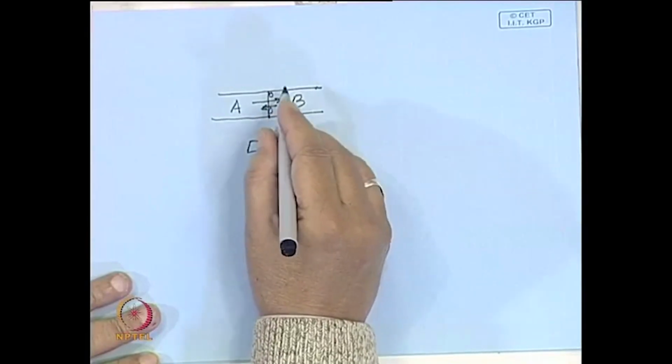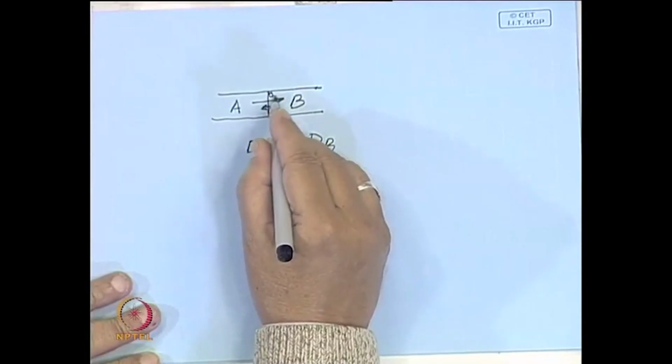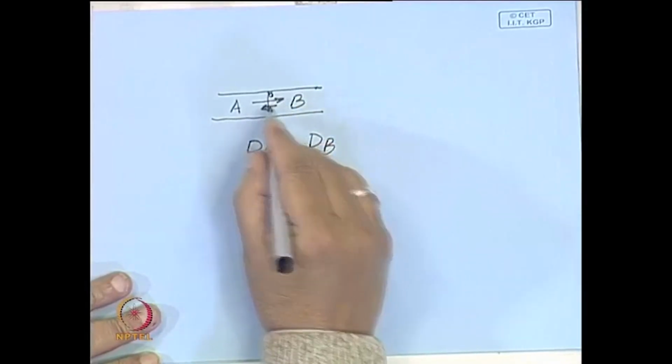So, obviously, what will happen is this interface will move like this, and the marker remains constant.